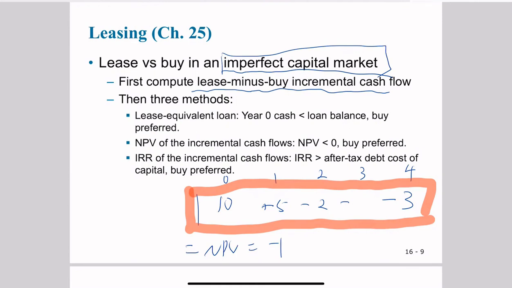Oh, by the way, when you calculate the present value or the loan balance, you have to discount these future cash flows with after-tax debt cost of capital. And then you could also calculate IRR, that is the discount rate which makes the present value of these cash flows 0. And in this case, if IRR is larger than your after-tax debt cost of capital, then buying is preferred.